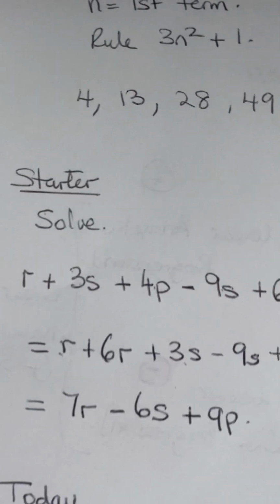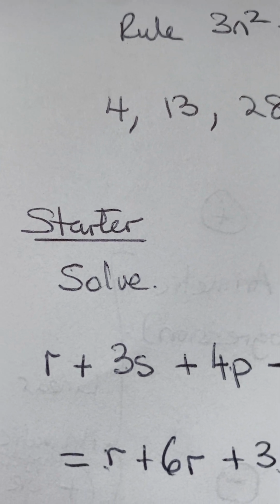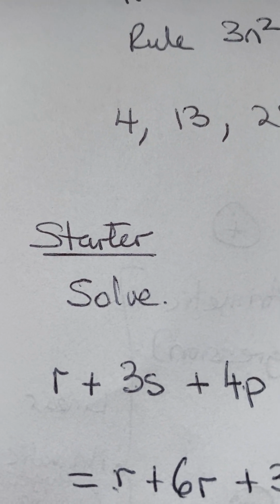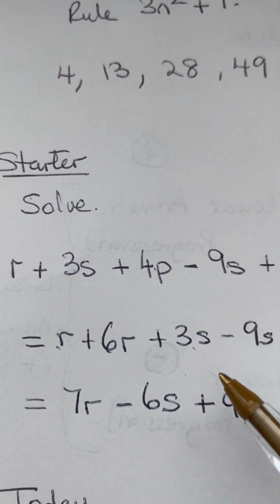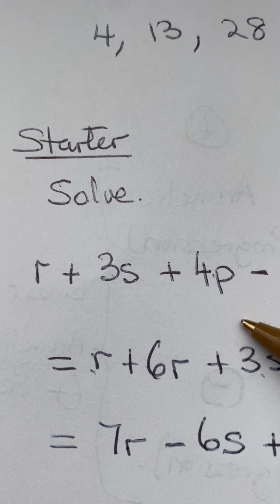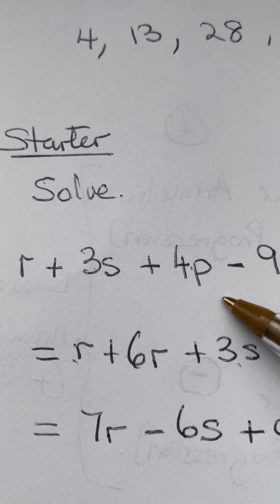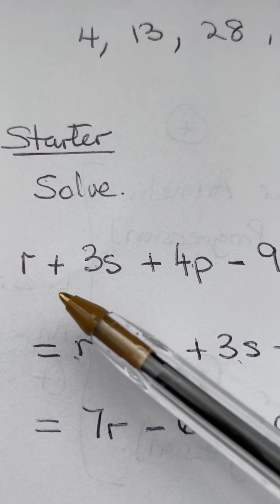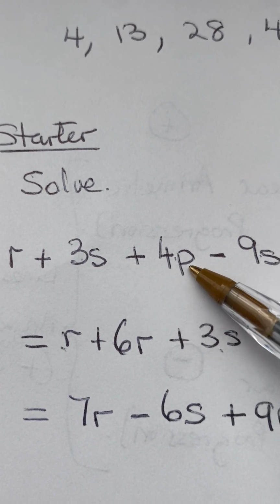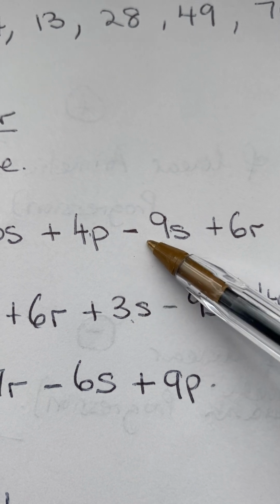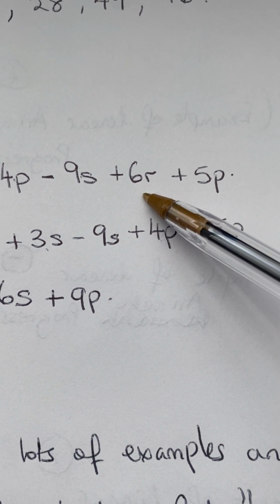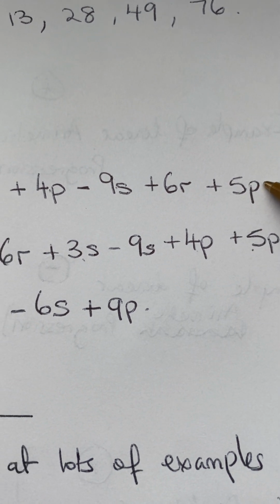For our starter today, before I introduce what we are going to do, solve. We've seen similar ones when we put the variables together. Solve r plus 3x plus 4p minus 5s plus 6r plus 5p.